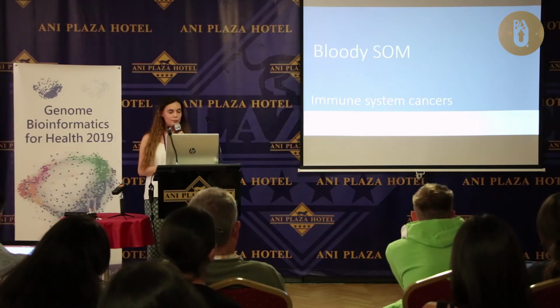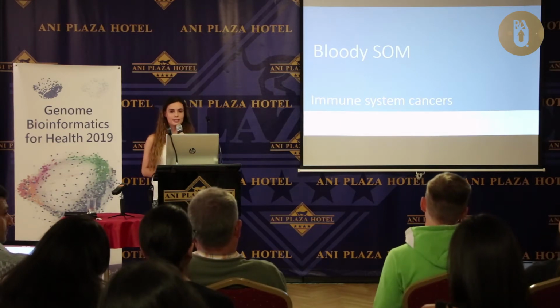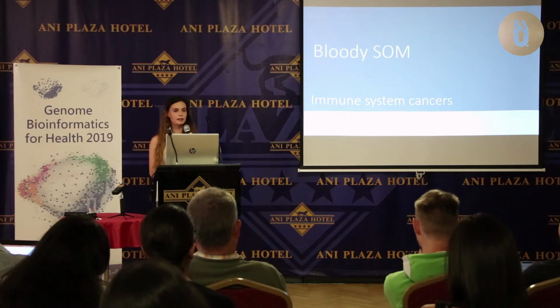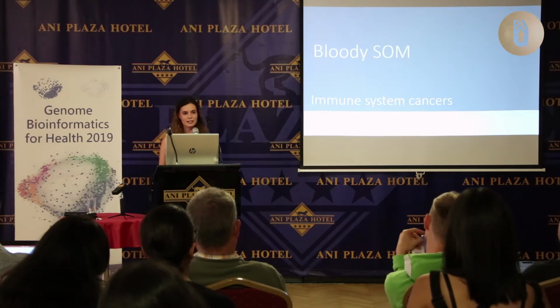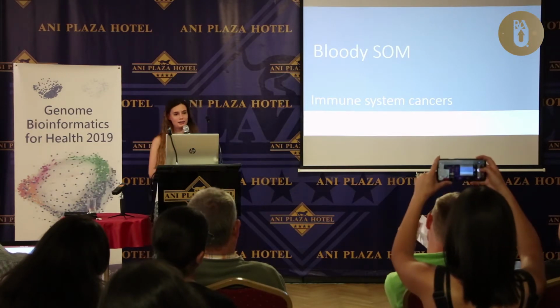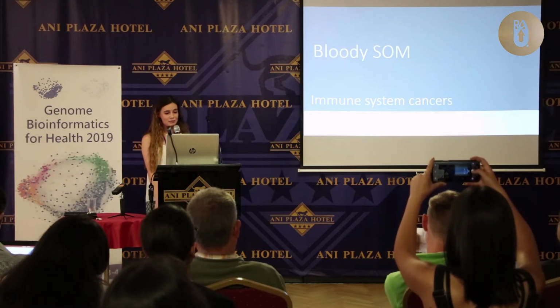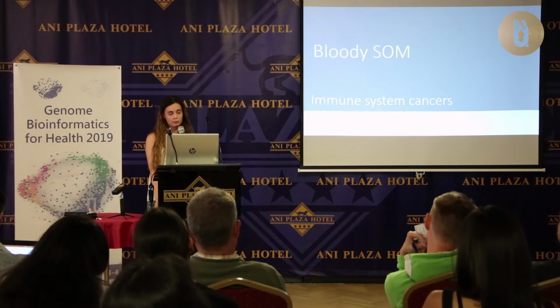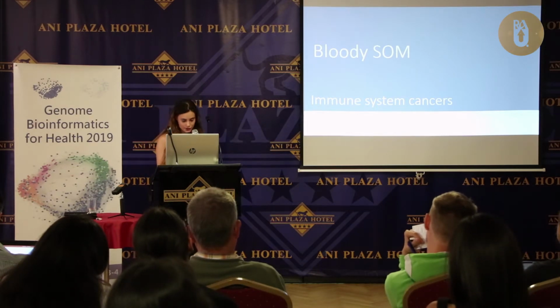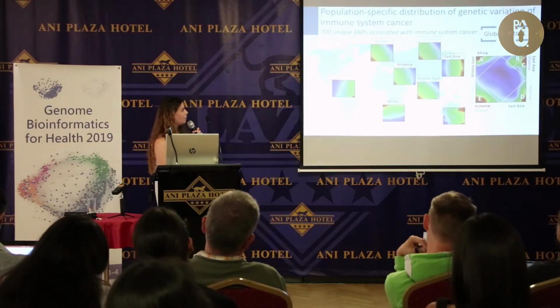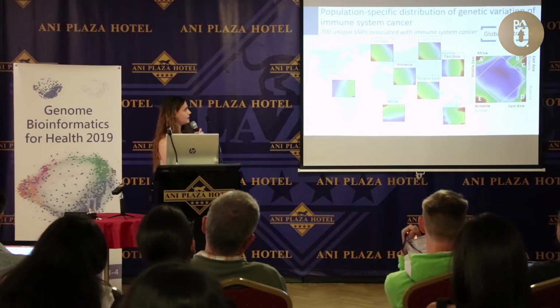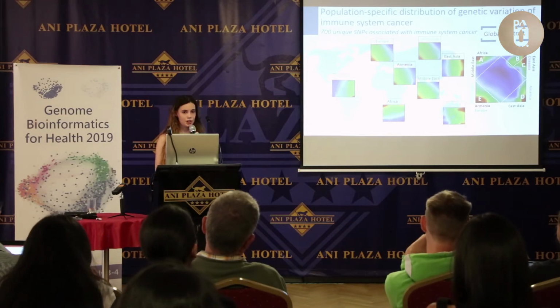So the next step of our analysis was investigating the diseases more deeply. For that, we selected one type of disease, immune system cancer, because it was common for all geographical regions. And then we identified 700 unique SNPs associated with different immune system cancers and performed additional SOM analysis using only those SNPs.